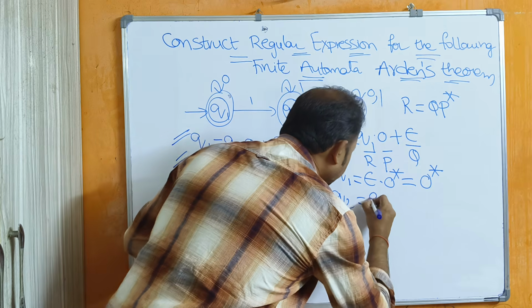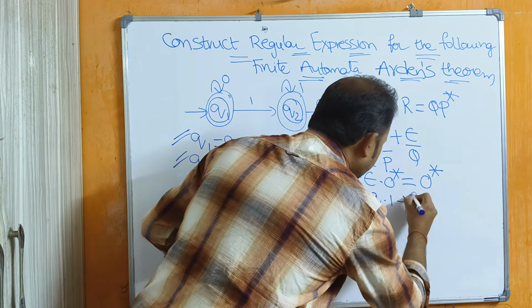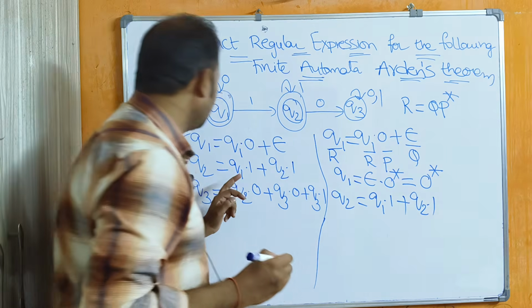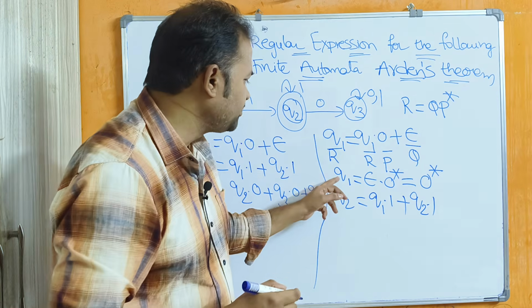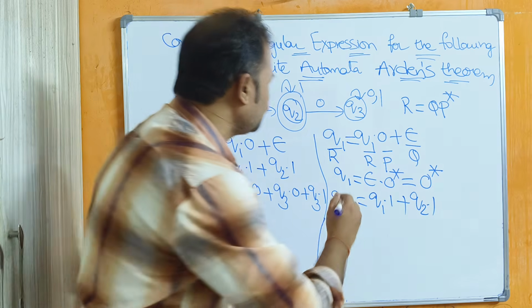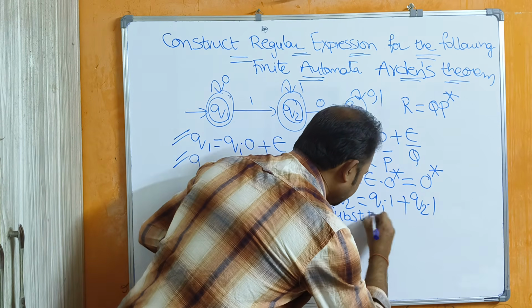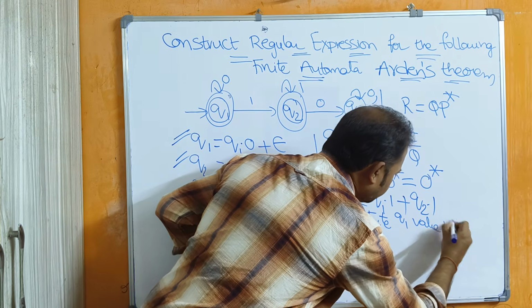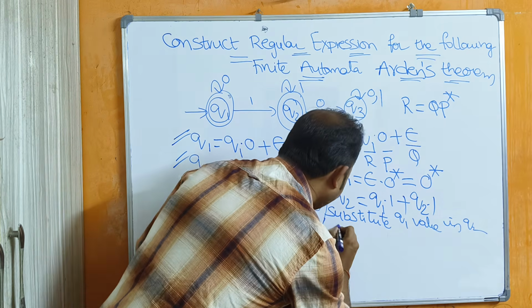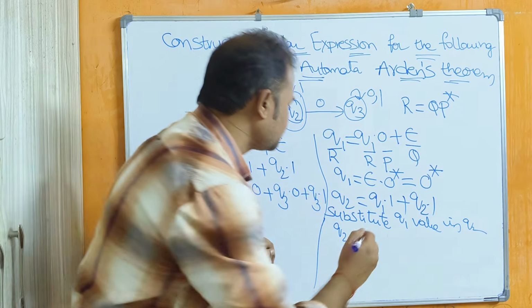So Q2 equals Q1 dot 1 plus Q2 dot 1. Now substitute the Q1 value in Q2. Already we know the Q1 value: Q1 equals 0 star.